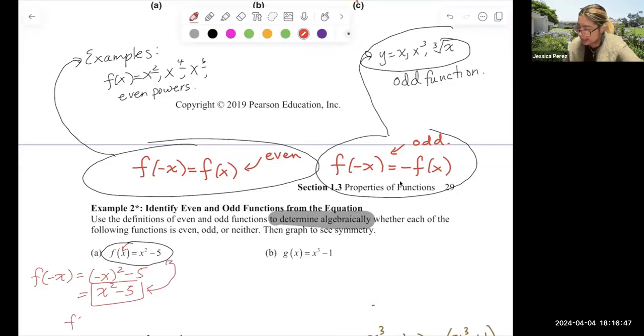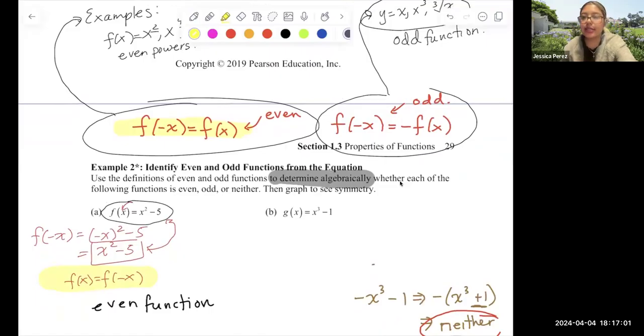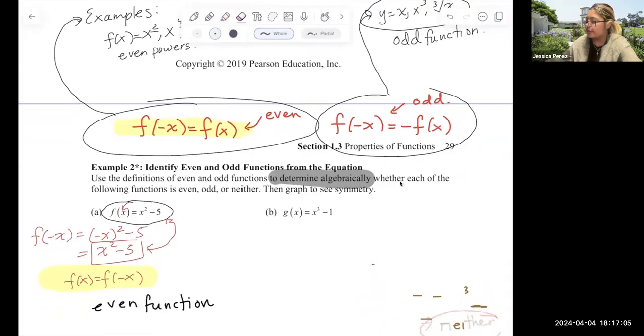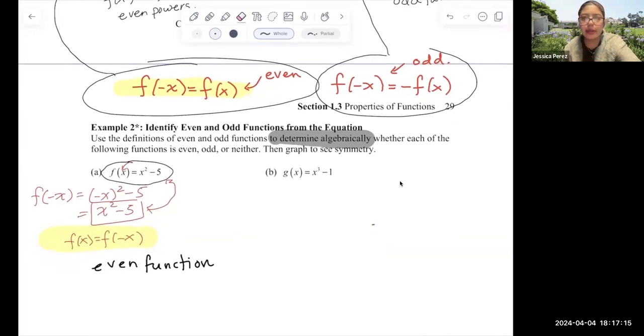That means that f of x is equal to f of negative x. What does that mean by definition? If we go back to the definition, isn't that the same as an even function? And the answer is yes. So letter A is an even function. Any questions on letter A? How did I get an even function on part A?